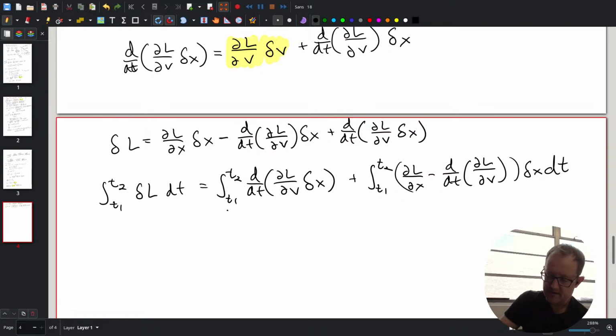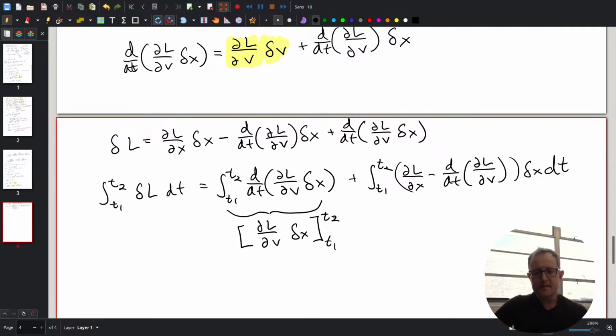This first one is an exact integral that gives dL/dv delta x evaluated from t1 to t2. I only evaluate those at the boundaries, at time 1 and time 2.